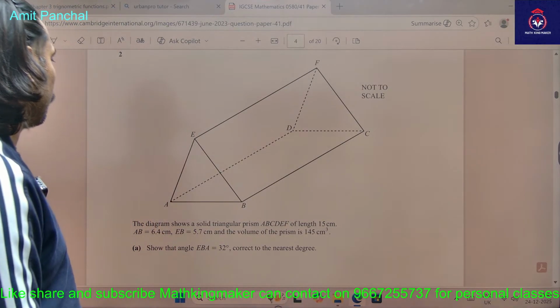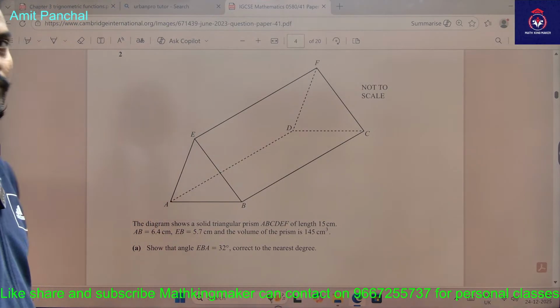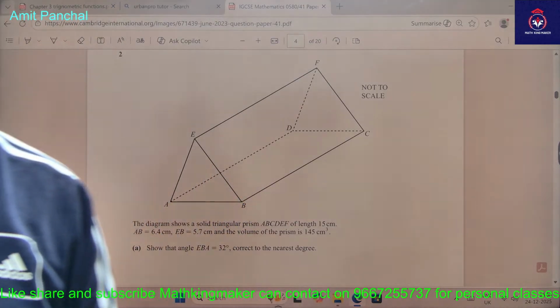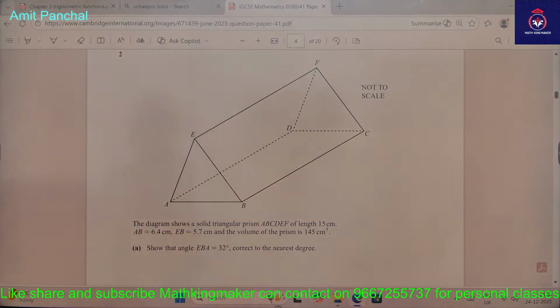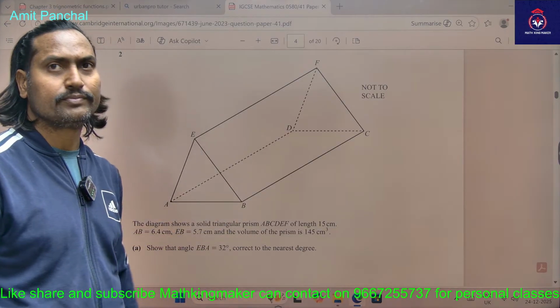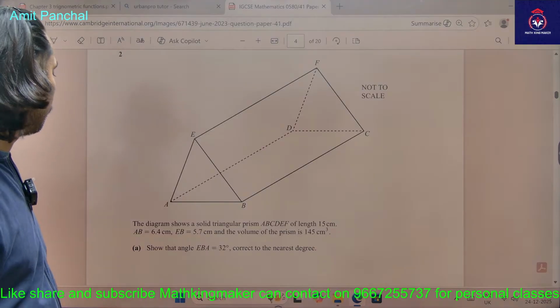So I calculated whether half of 6.4 times 5.7 times sine 32 is equal to 9.6 repeating, which it is approximately, with a good enough degree of accuracy, since it says correct to the nearest degree and not exactly 32 degrees. So 18.24 times sine 32 is equal to 9.665, which is roughly equal to 9.6 repeating. So you are getting that angle B is 32? Yeah. Okay.